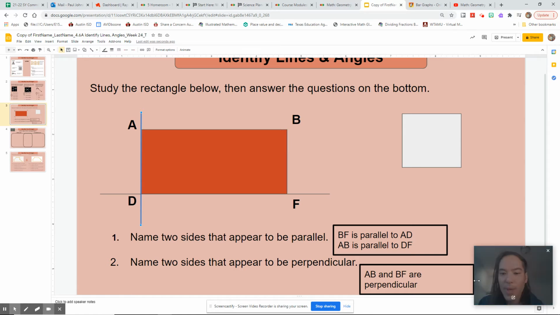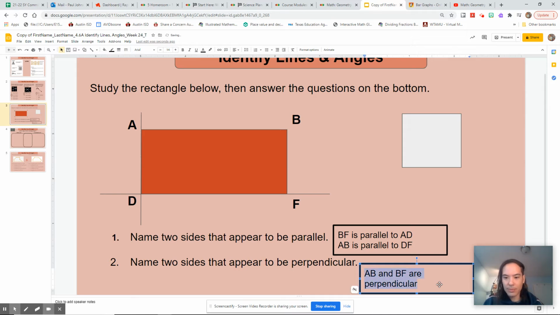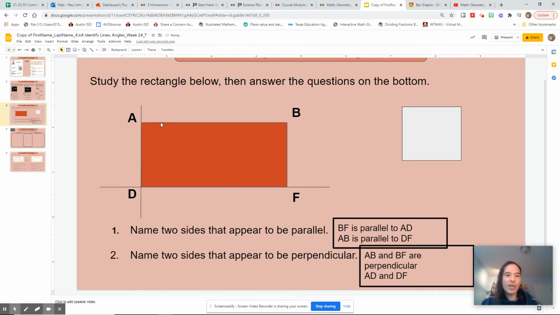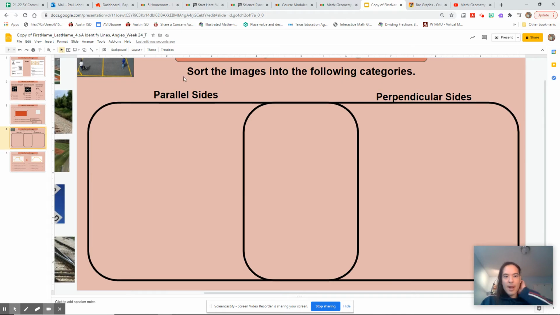All right, so AB and BF, or AD and DF. That gives you two options: AB and BF, or AD and DF were the perpendicular intersections.